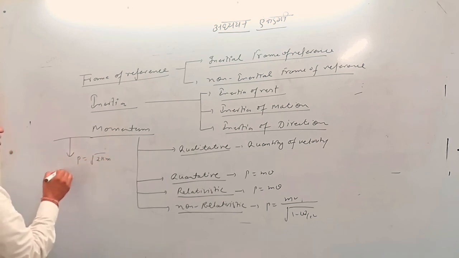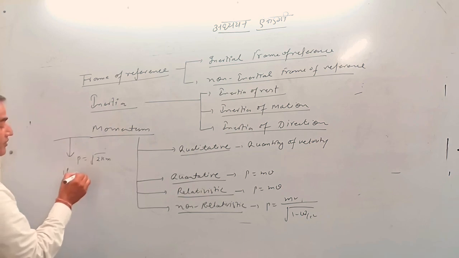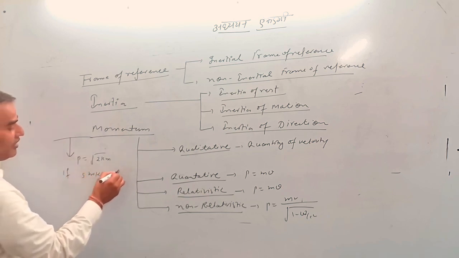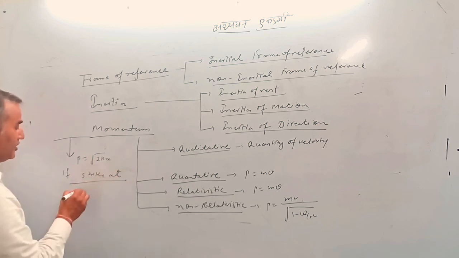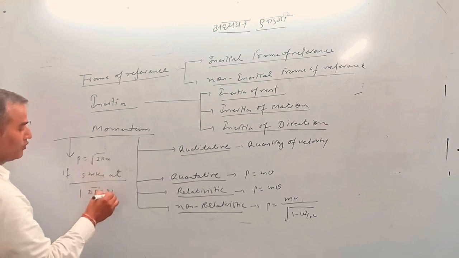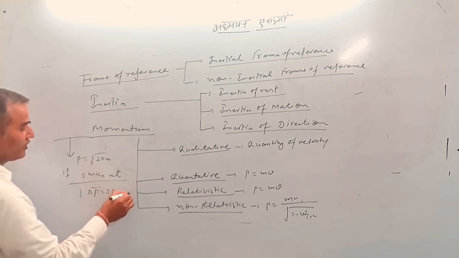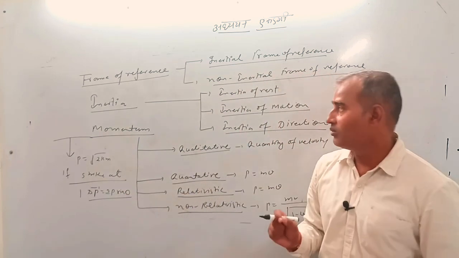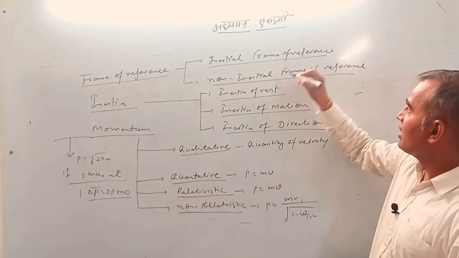And if a ball strikes at any angle, then the change in momentum is 2P sin theta. This is the briefing of the chapters which I have discussed today.